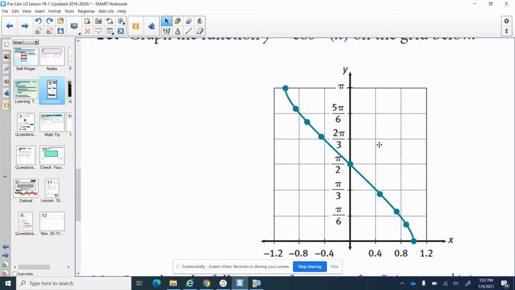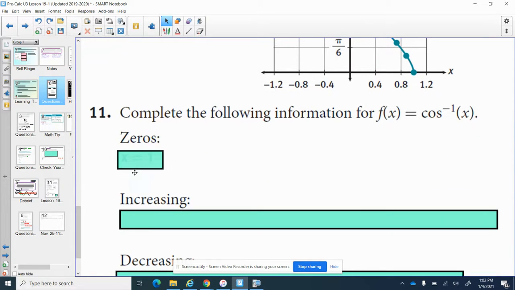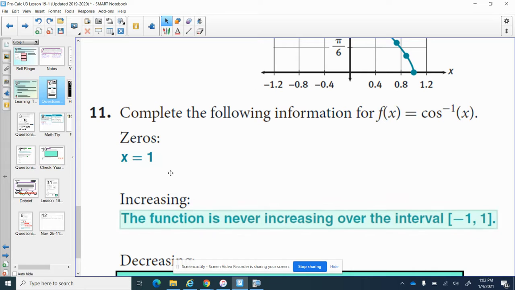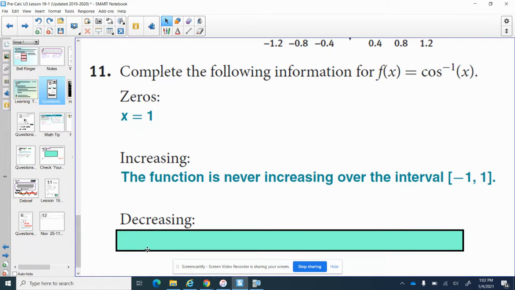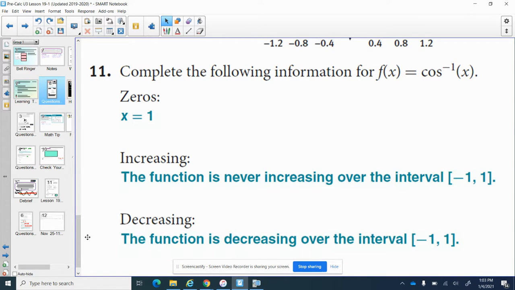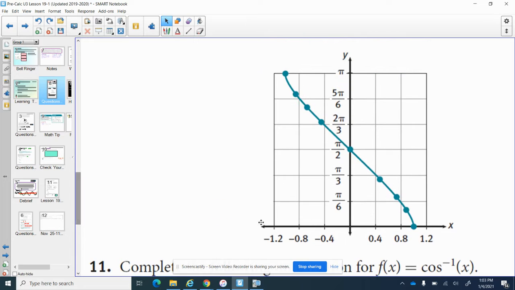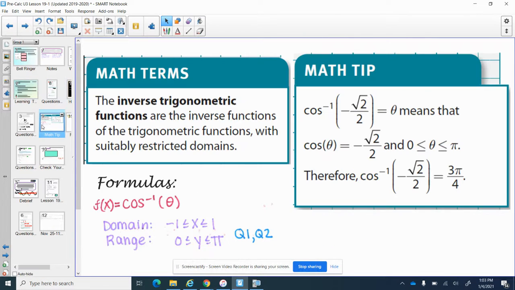Okay, and some information, we have some zeros occurring at x equals 1 over here. The function is never increasing; it's always decreasing as we move down this. We're constantly moving down from left to right, and it's decreasing always over this entire interval from -1 to 1 that we see here.